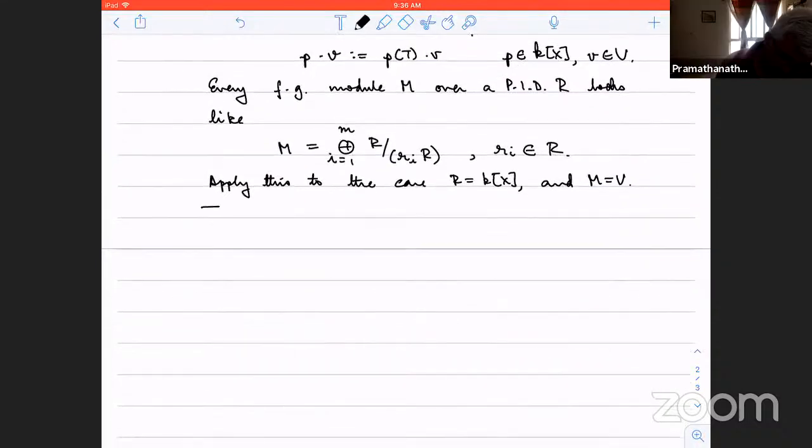Then V looks like that, some I going from 1 to m, or mod.